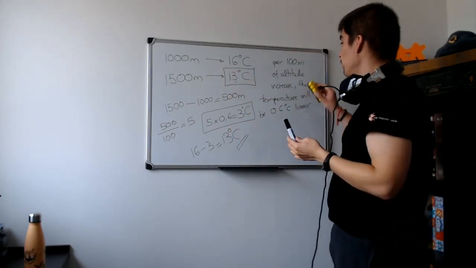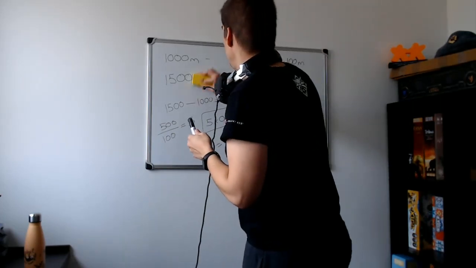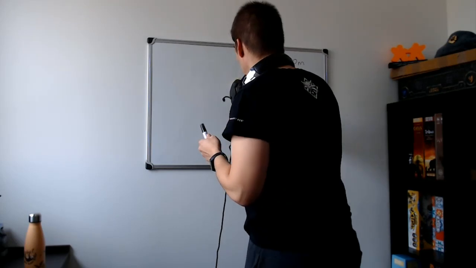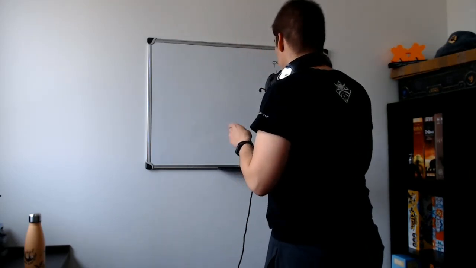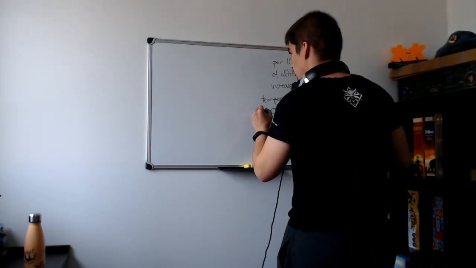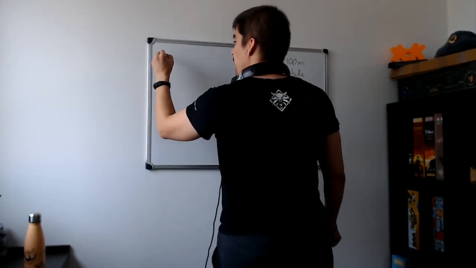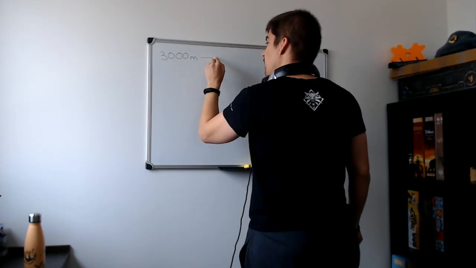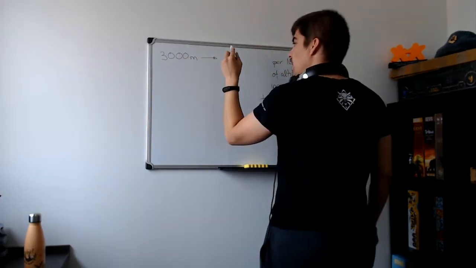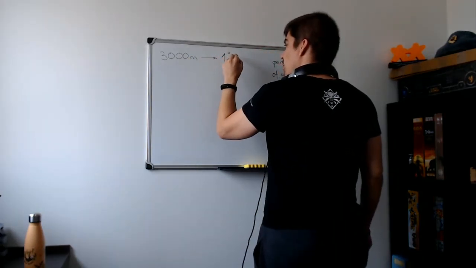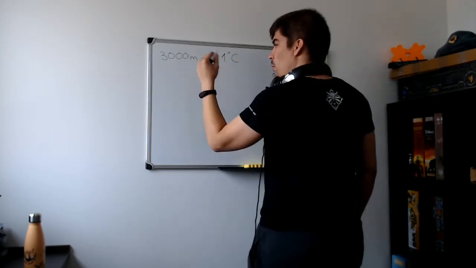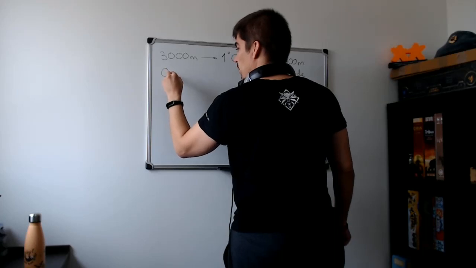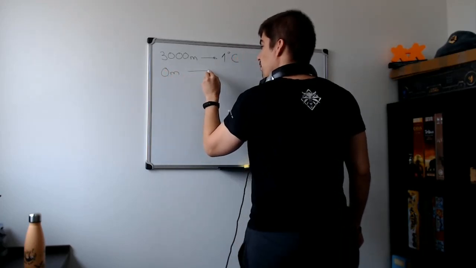Let's make another one. Let's say that at 3000 meters of altitude, the temperature is 1 degree. What will be the temperature at sea level, 0 meters?